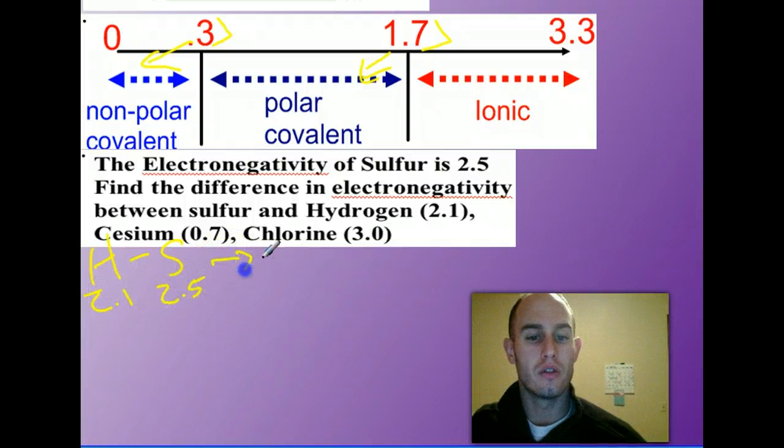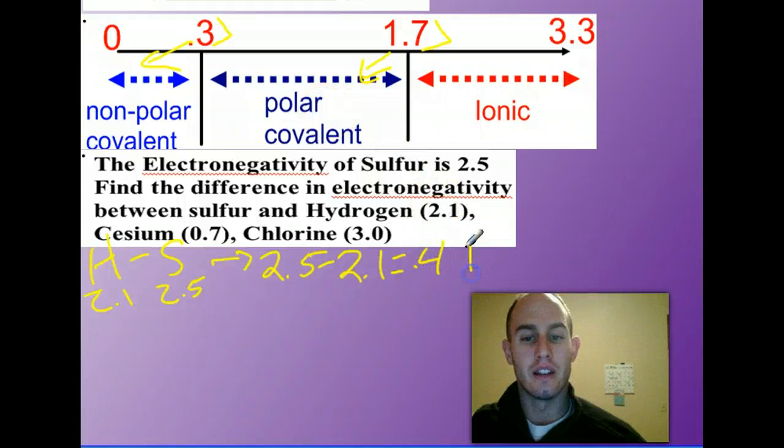All you're going to do is find the difference. So 2.5 minus 2.1 gives you a difference of 0.4. Does that make it nonpolar or polar covalent? It is polar. There's your answer for hydrogen and sulfur.